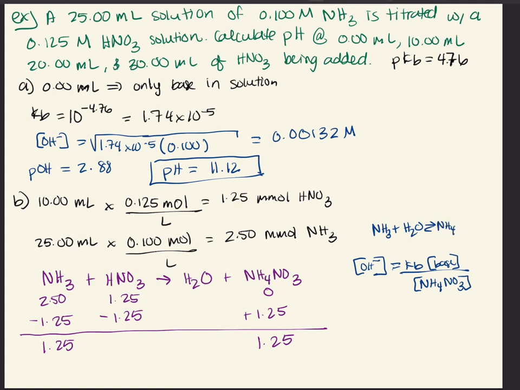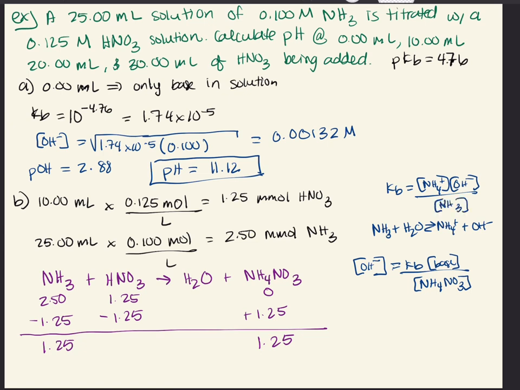So that yields NH4+ and OH-. Our equilibrium expression for that will be ammonium times hydroxide divided by ammonia.